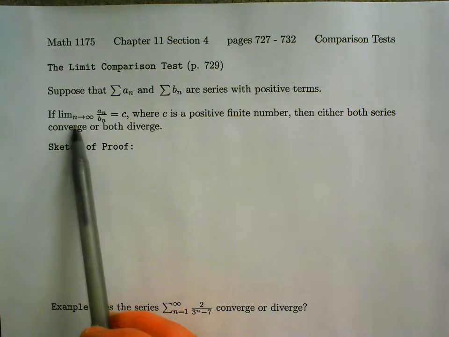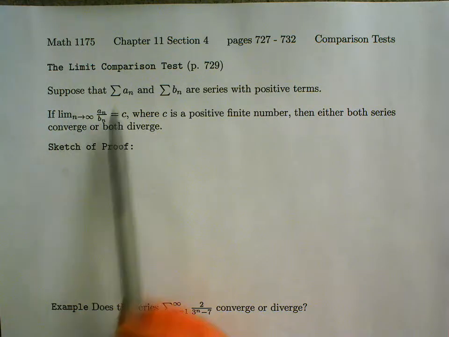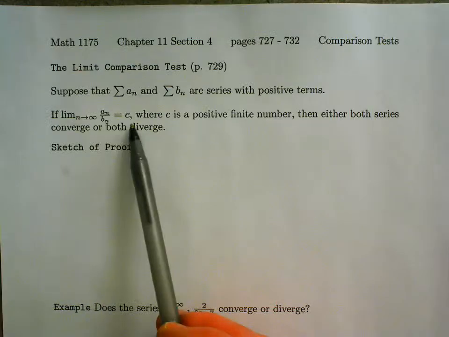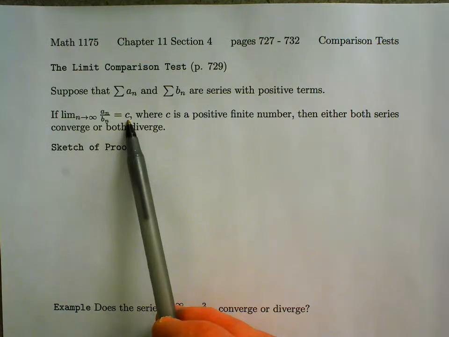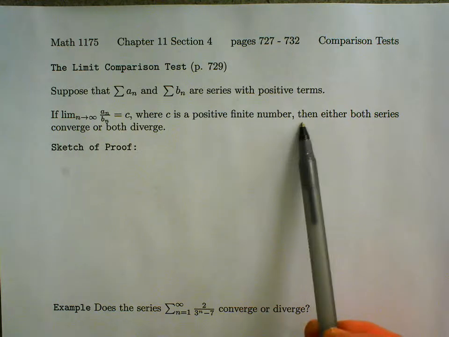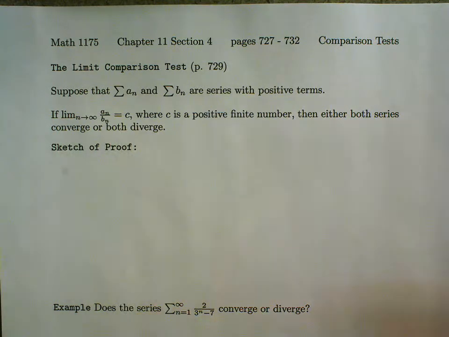If the limit of a sub n over b sub n as n approaches infinity is equal to c, where c is a positive finite number, then either both series converge or both diverge.